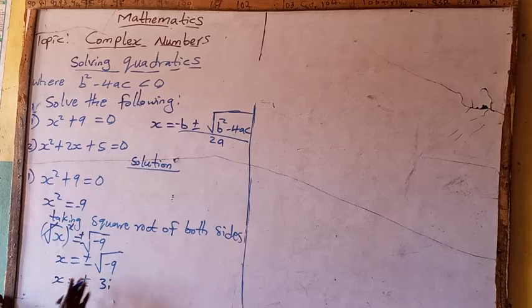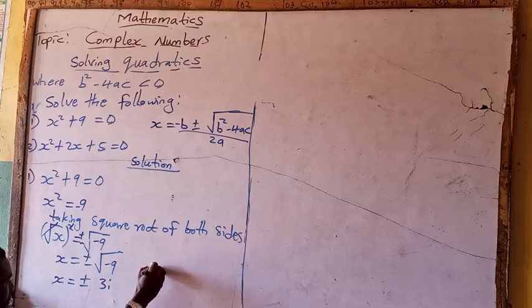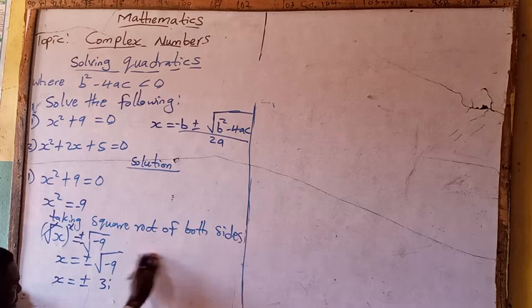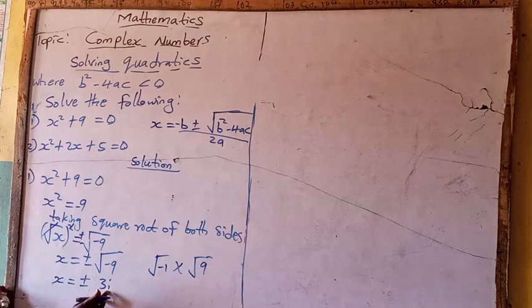3i. Now, where is this 3i coming from? If you want to take away this negative, it's always in this form. Let's leave the plus. We want to take away this, we have minus 1 times root 9. This is how this i comes from.